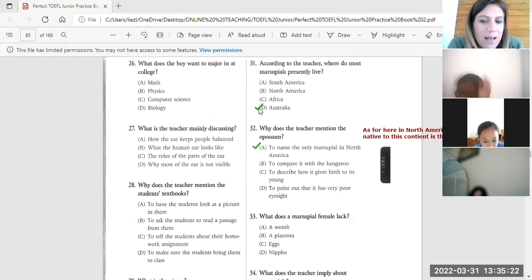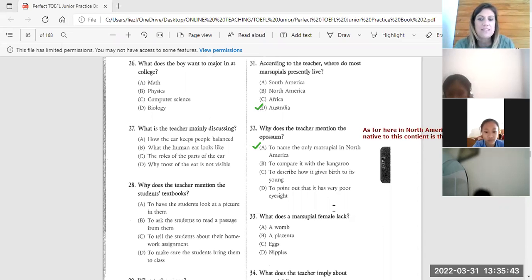What does a female lack? What does the word lack mean? No, I don't know. Do you know? I know. Yes, you can tell me. It means not have. Yes, you don't have it. Lack means I don't have it, or I have little of it.